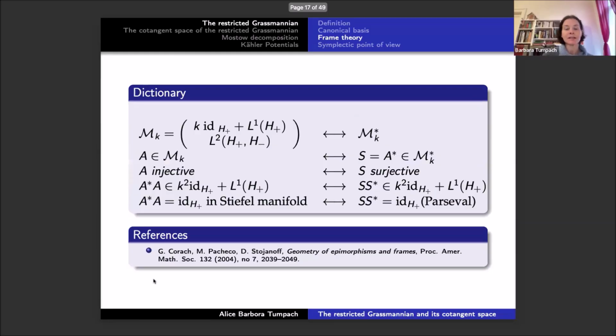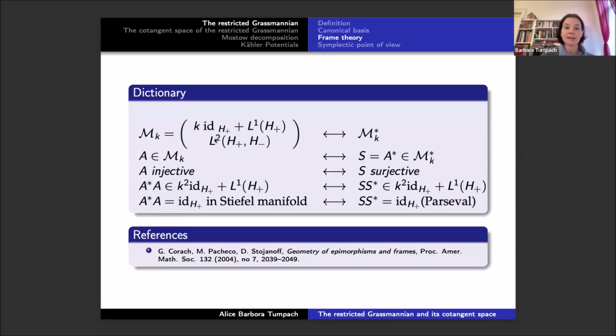So let me explain a kind of dictionary. The space MK I defined before, here is a schematic way to express what MK is. These are operators with two blocks. The upper block from H plus to H plus is K times the identity plus a trace class, and the lower block is Hilbert-Schmidt.